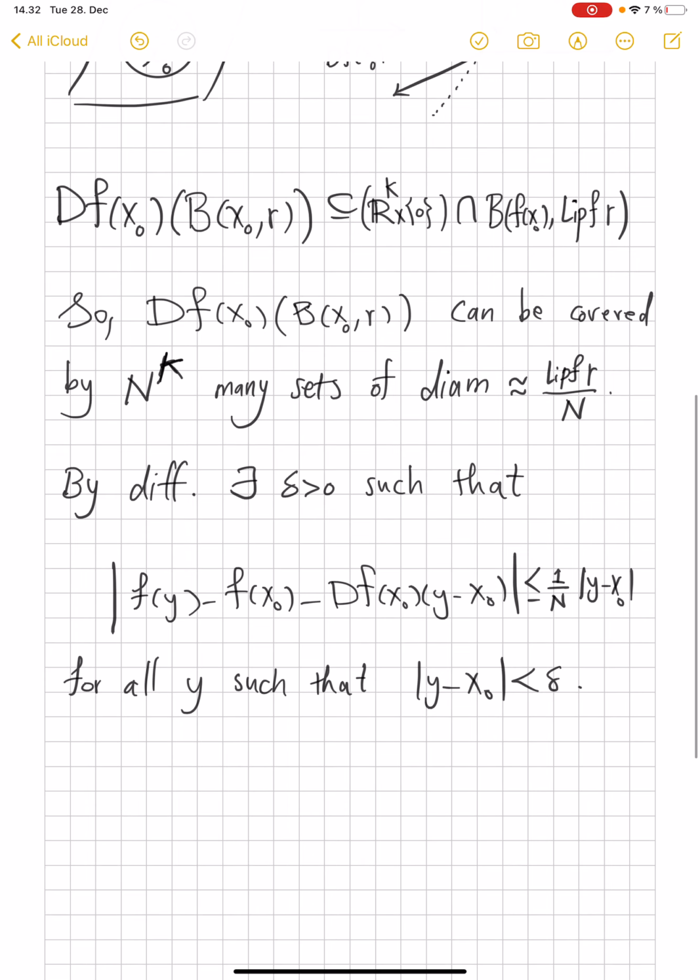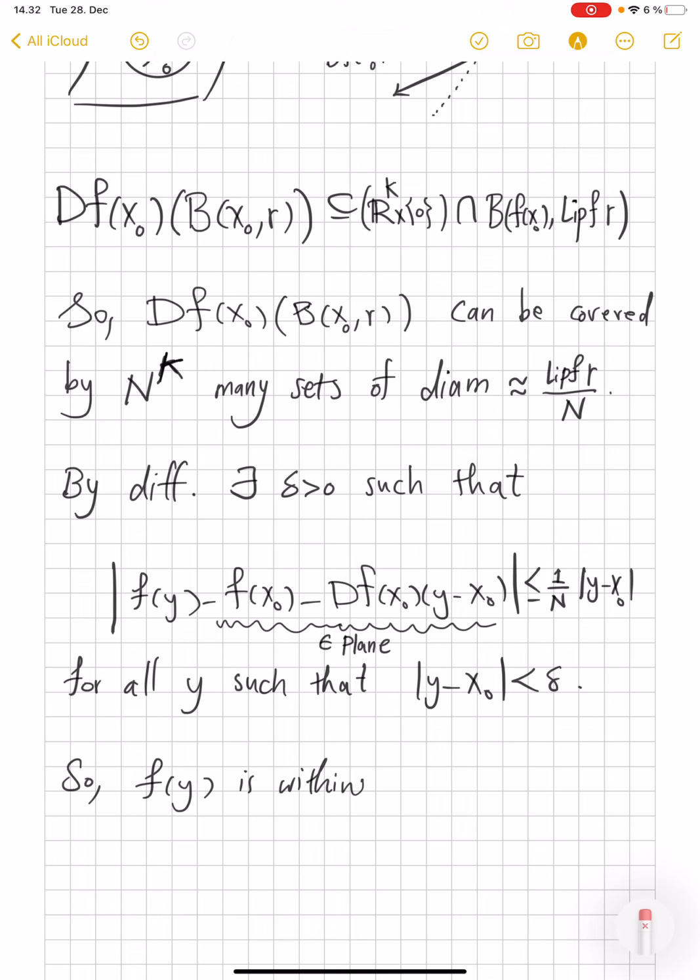Okay, what this is saying is that this is some element in the affine plane, and well, this actually is in the affine plane because the affine plane passes through f of x0. So this belongs to the affine k-dimensional plane, and this distance being less than that, it means f of y is within 1 over n times r.